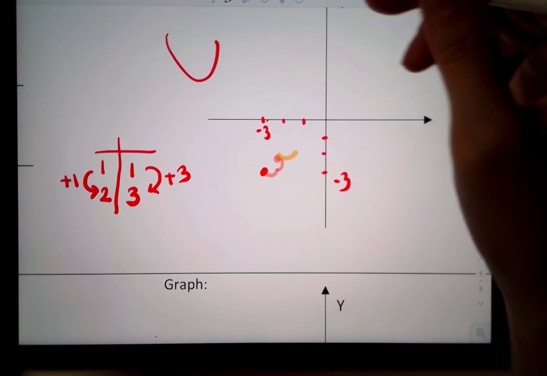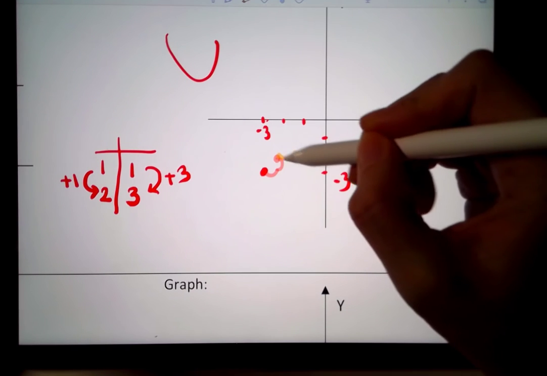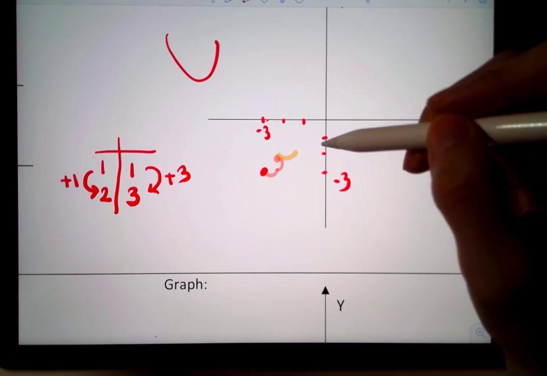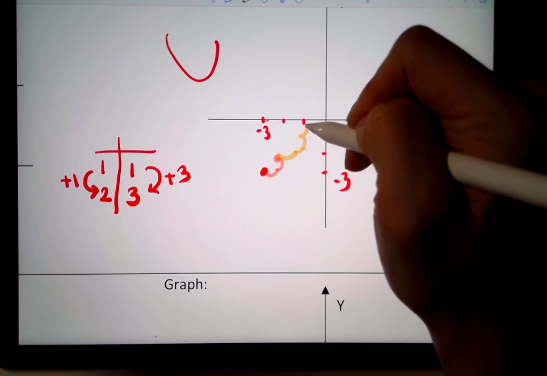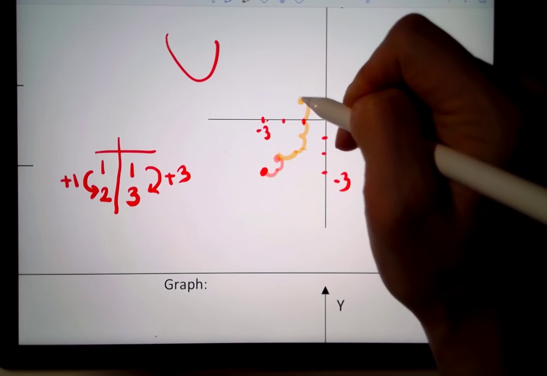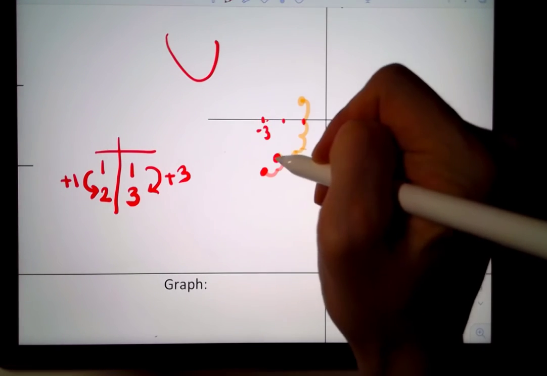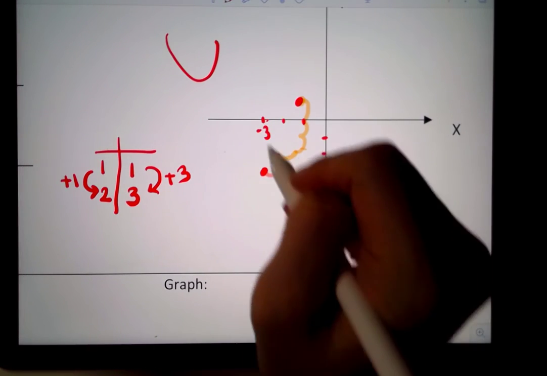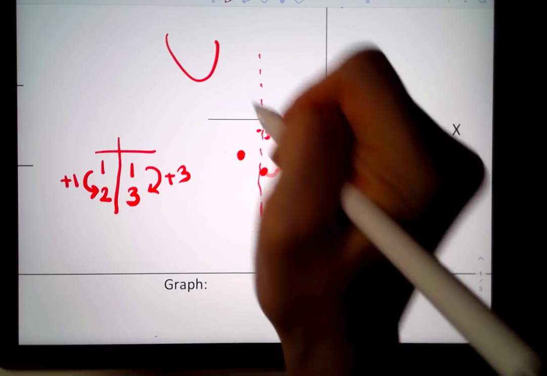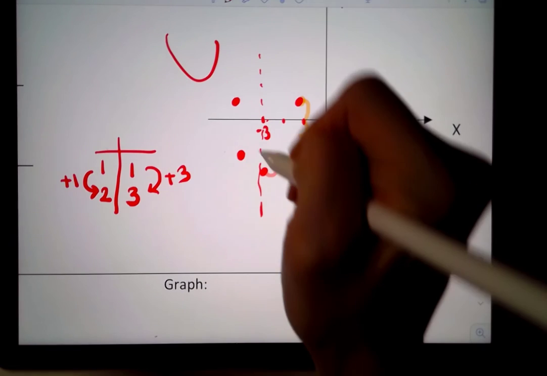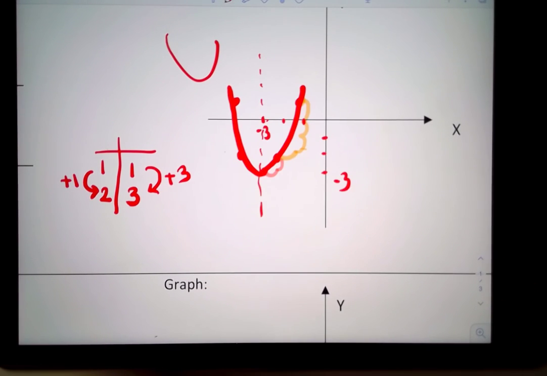So you move 1 to the right, and then you need to go up 3 units. So from here, 1, 2, 3. Like this. And then once you get these 2 points, you just do the same thing on the left side, this and that, okay? And then you just connect it like this.